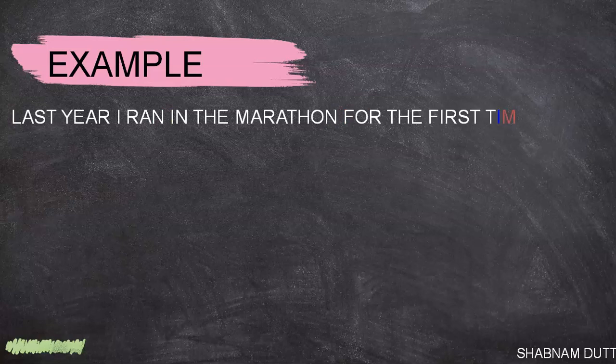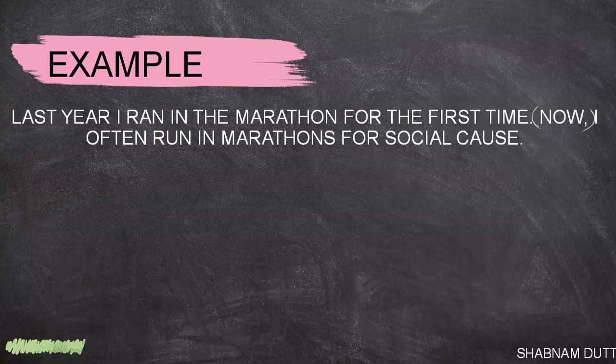"Last year, I ran in the marathon for the first time. Now I often run in marathons for social cause." The change in tense is correct because the adverb now is used in the present tense, which indicates that the action is still happening. The sentence could be referring to the present day, or it could be referring to a period of time that began in the past and is still continuing.